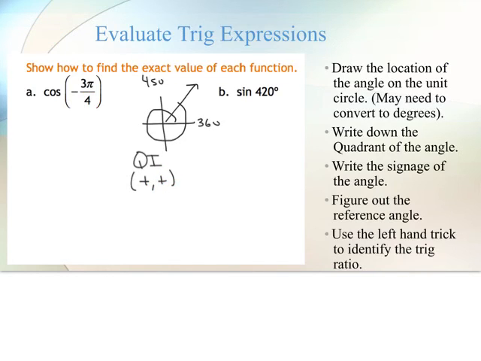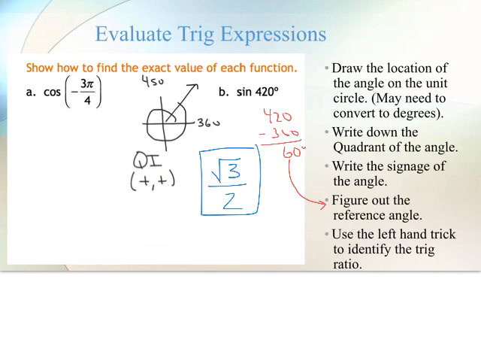So let's take a look at a reference angle. For the reference angle, I'm going to subtract 360 from it. And when I subtract 360, that ends up being 60 degrees as my reference angle. Well, using the left-hand trick for 60 degrees, I'm going to end up with 3 fingers below my 60-degree mark over 2, since it's always over 2.